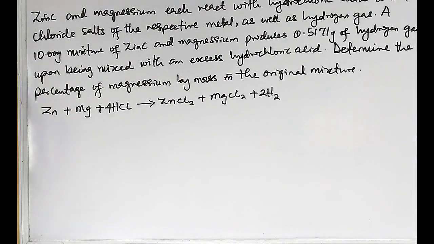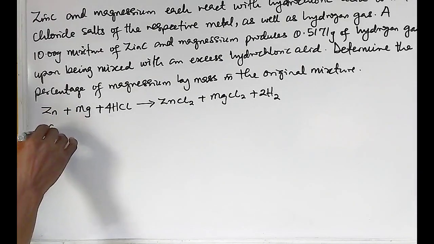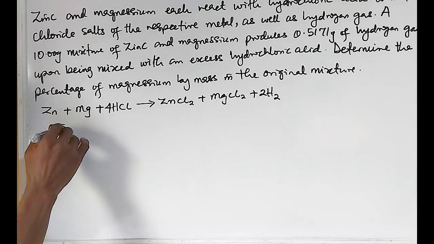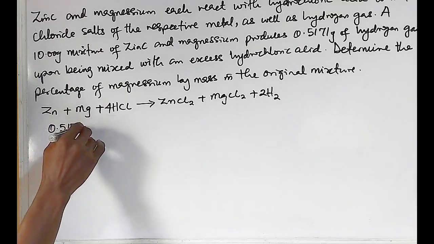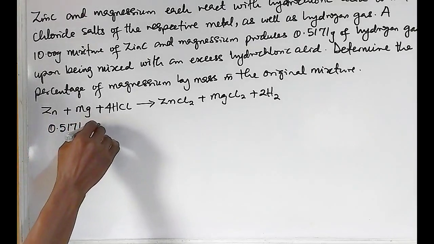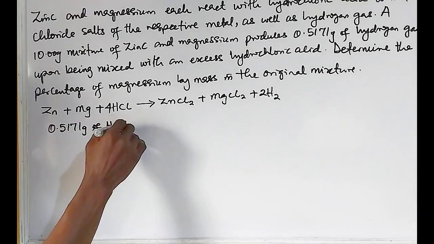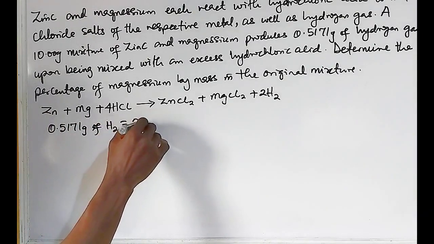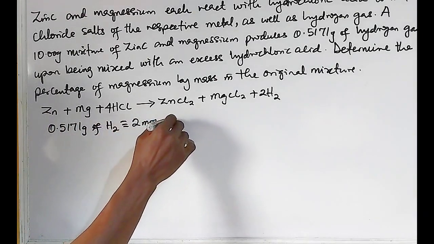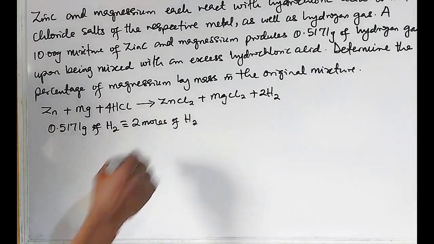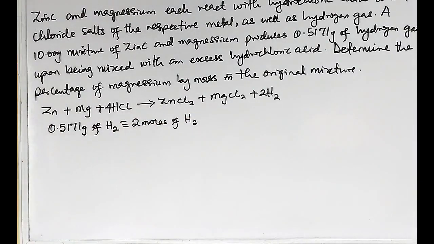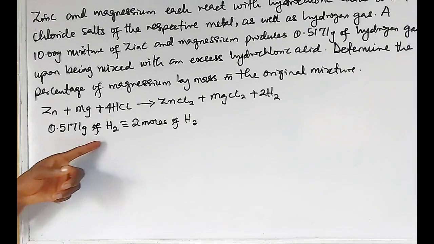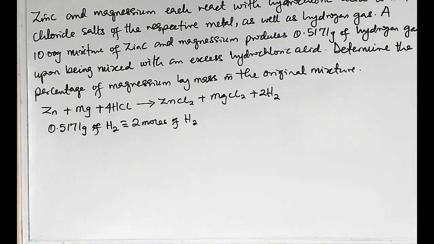Which implies that 0.517 gram of hydrogen gas is equivalent to 2 moles of hydrogen gas. Now, how many gram of hydrogen gas will produce 1 mole?